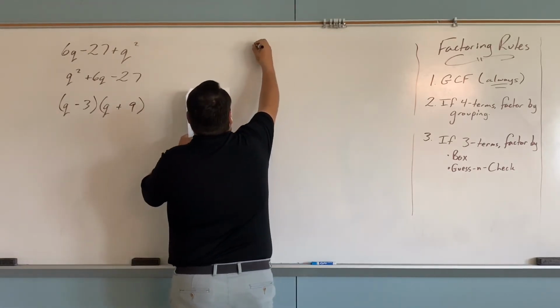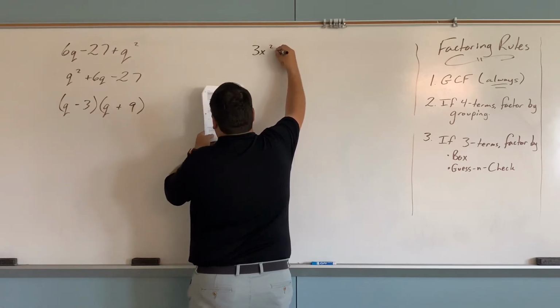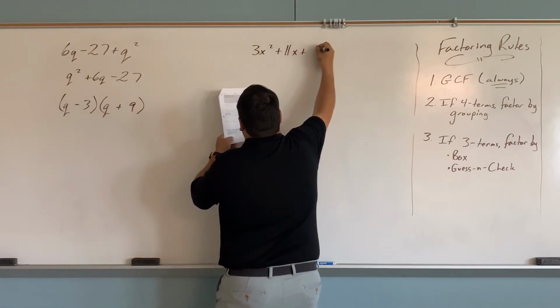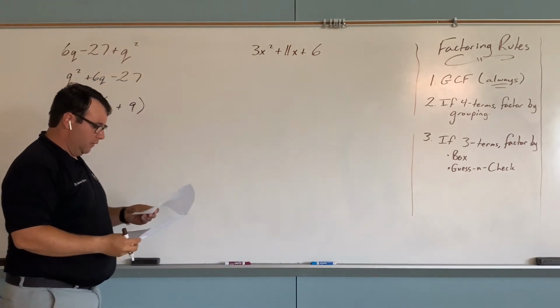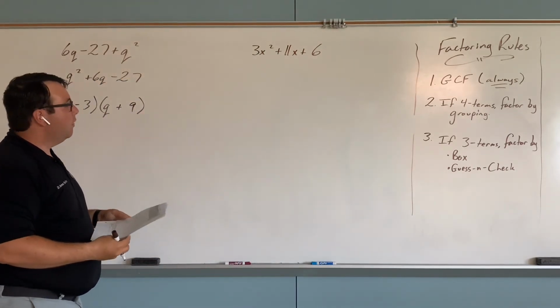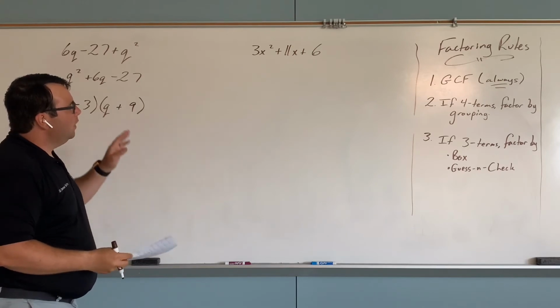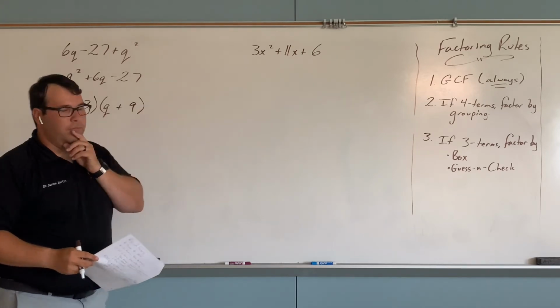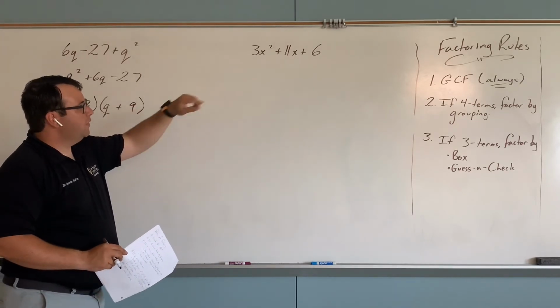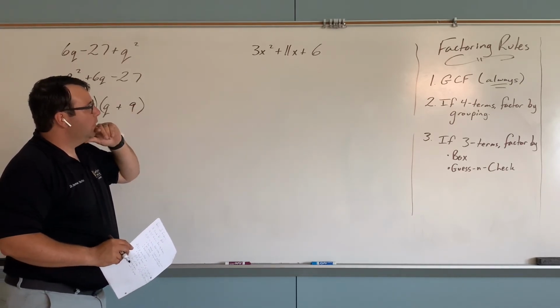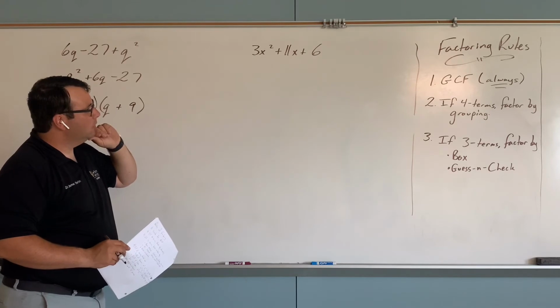But let's say I have 3x squared plus 11x plus 6. Notice something different here. There's no GCF. It's in descending order.